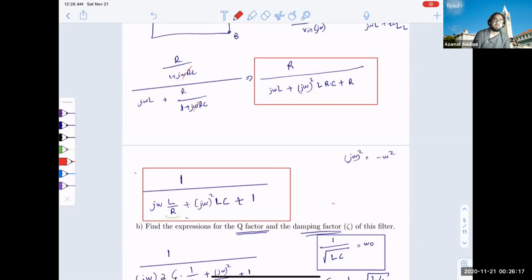And I'm going to use the same expression. So remember, this is going to be L over R and LC and 1.